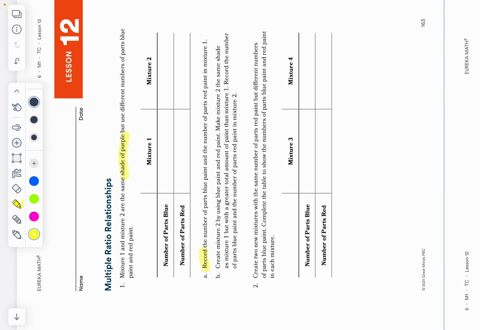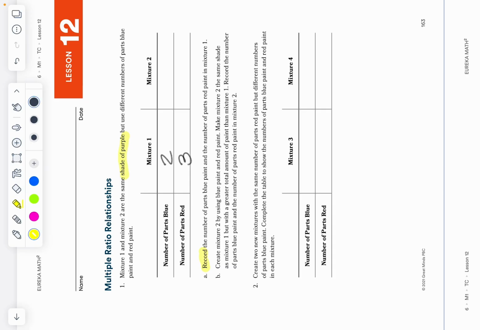Because it's giving me the freedom to choose, I am just going to choose the numbers 2 to 3. They're not giving me the mixture, I'm just creating it. So 2 to 3.